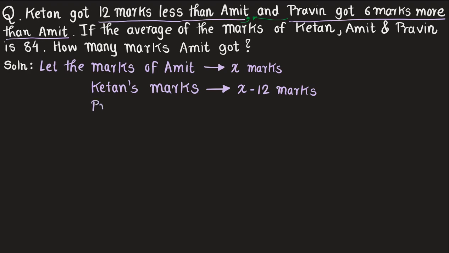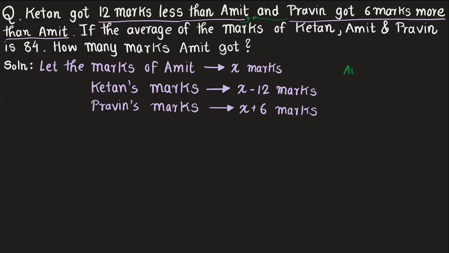And Praveen's marks. So Praveen's marks are 6 more than. So more than clearly indicates x plus 6 marks. So here we have got all the marks in the form of x. So if the average of the marks of Ketan, Amit and Praveen is 84, we have to recall what is average.